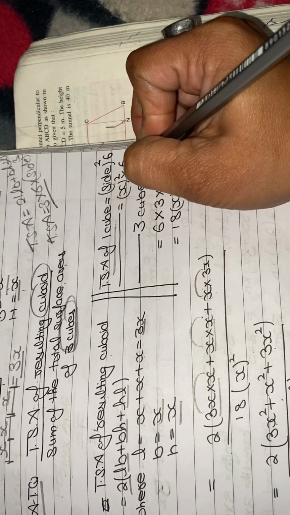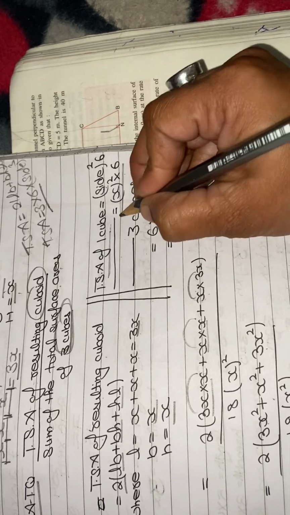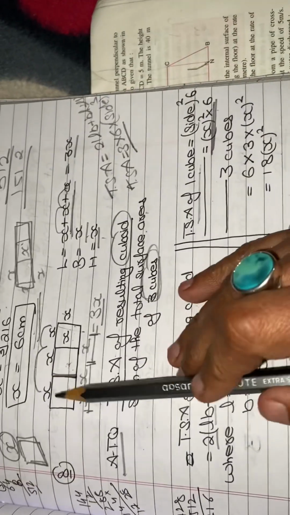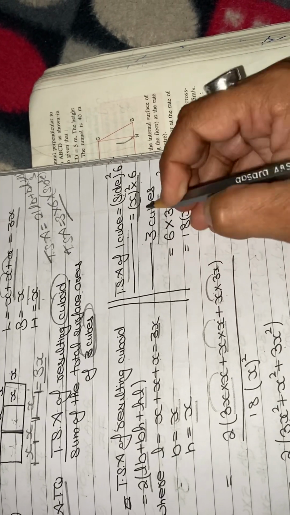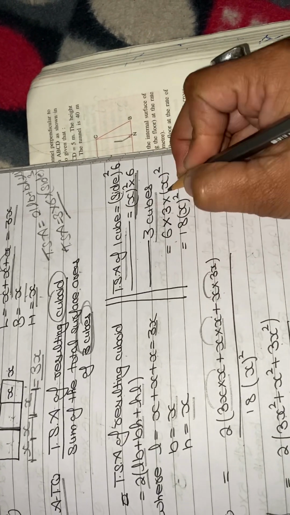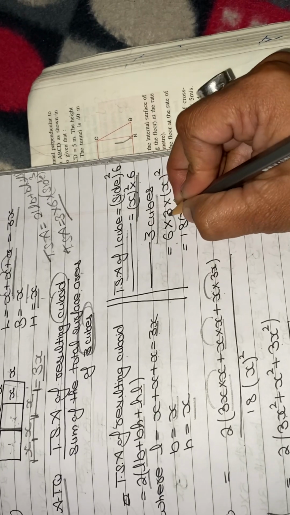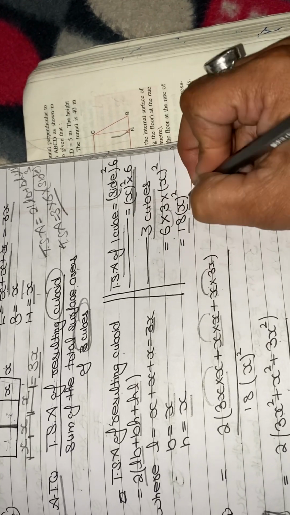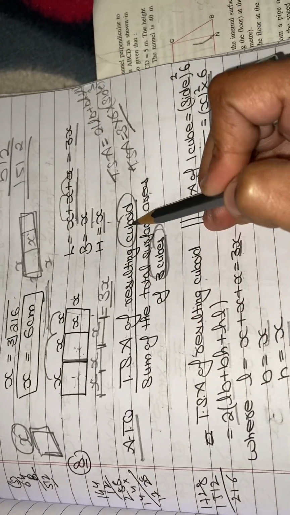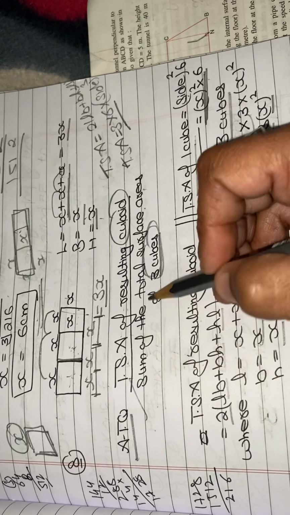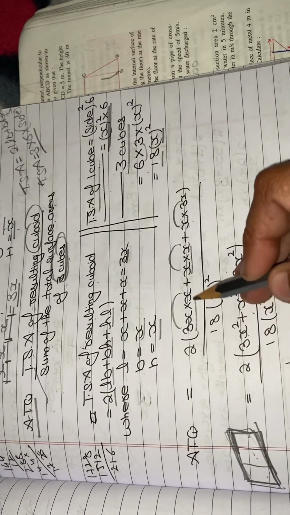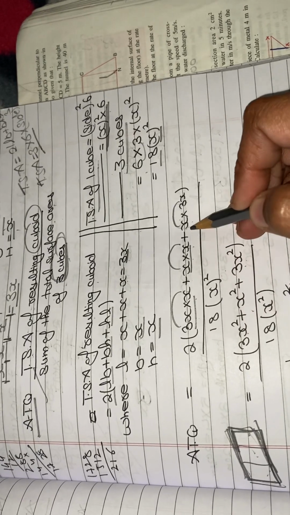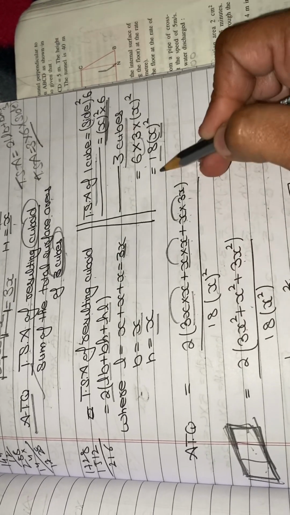It is the surface area of one cube, but we have 3 cubes, so total surface area of 3 cubes is 6 into 3 into x square, and 6 times 3 is 18x square. Now we divide total surface area of the resulting cuboid by the sum of total surface area of the 3 cubes.